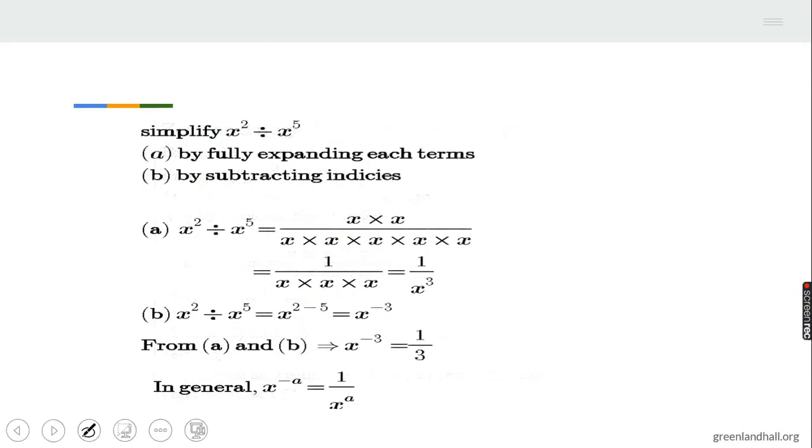Now, again, simplify x squared divided by x raised to power 5. Again, using fully expanding each term and by subtracting indices.